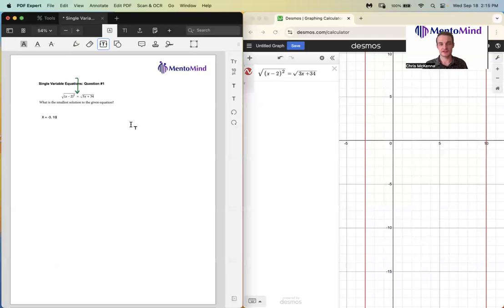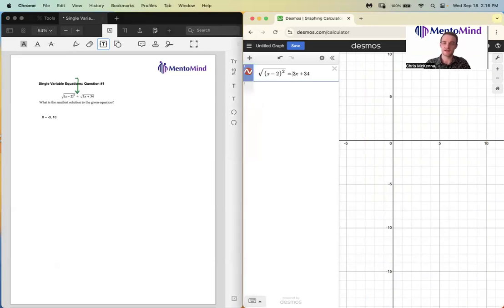Now you could work through the algebra, of course. That would involve squaring both sides and expanding x minus 2 squared. You'd end up with a quadratic. It would get somewhat challenging, but hopefully you can see how efficiently this problem can be solved in Desmos. You also may have noticed that I used SQRT to create this radical to solve this problem.